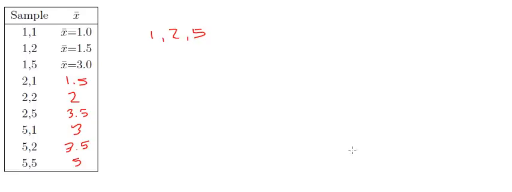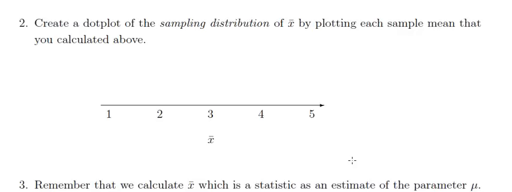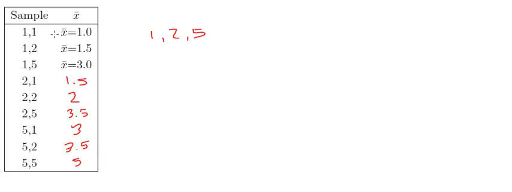But I might want to plot those values. So I'm going to make a dot plot with these 10 values. Okay, so I had the number 1 appear once. 1.5 appeared once. So again, I'm just creating a dot plot with these values.